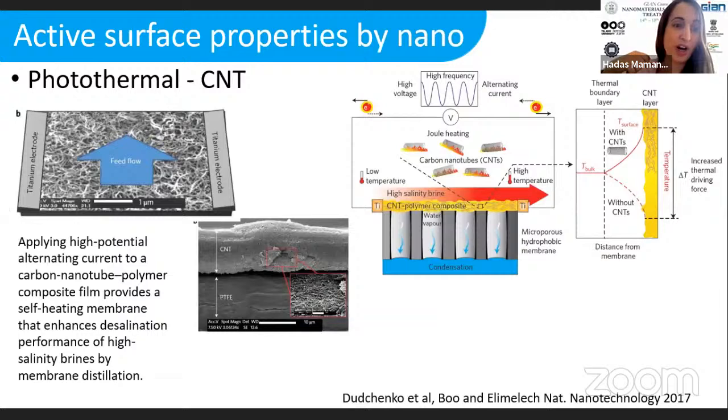In this case, we are applying a high potential current to enhance the desalination of membranes. So these are active surfaces. They're active because we are imposing something external onto the membrane, and then the membrane changes its properties or functionalities. So this is very interesting, the study of active membranes.